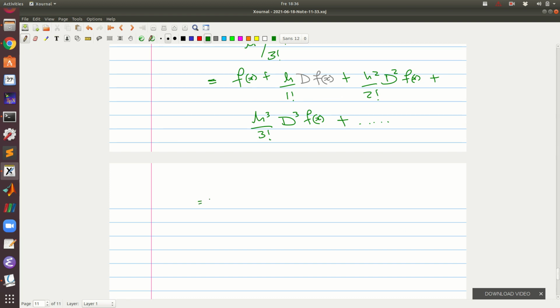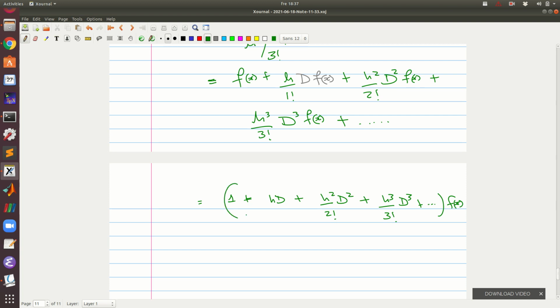Now we can just pull out f of x, and then we can write this as 1 plus hD, plus h squared over 2 factorial D squared, plus h cubed over 3 factorial D cubed, and so on, and then we have f of x.